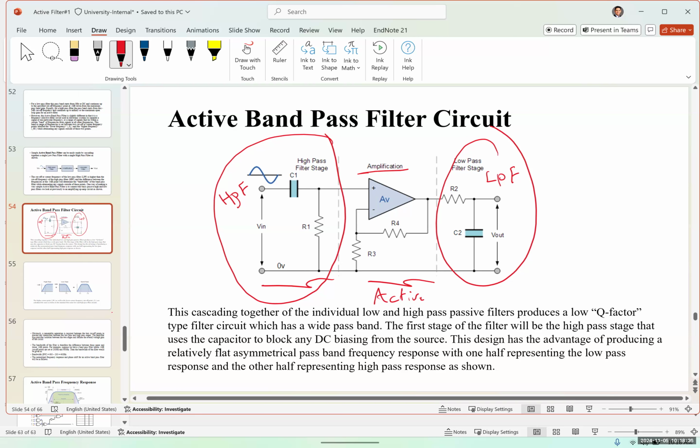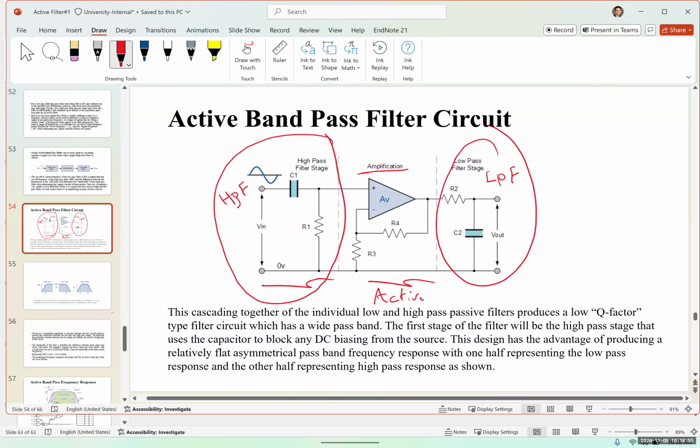So cascading together two individual filters, a high pass filter and a low pass filter, produces a low Q factor. We already mentioned, I think, in electronics, if you were with me, that the Q factor is the operating point. It produces a low Q factor type filter circuit, which has a wide pass band.